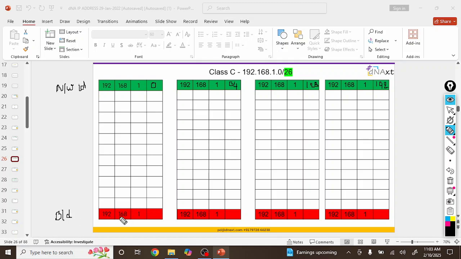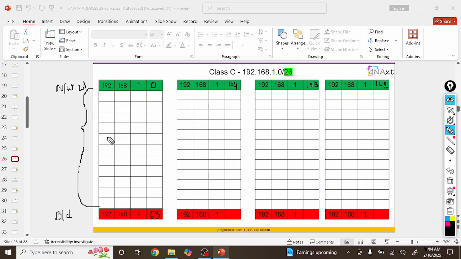So that is 192.168.1. The previous IP address of the next subnetwork's network ID will be the broadcast ID of the first subnetwork. So the next network ID is 192.168.1.64. Its previous IP address will be 192.168.1.63, that is 63 before 64, so that is its broadcast ID. So what is the range of the first subnetwork?